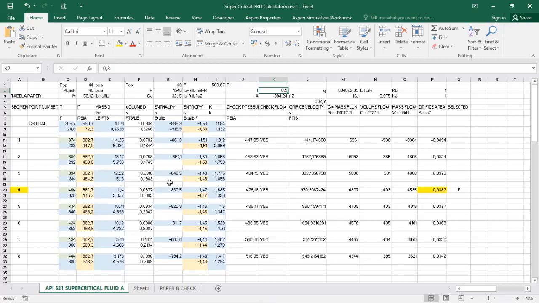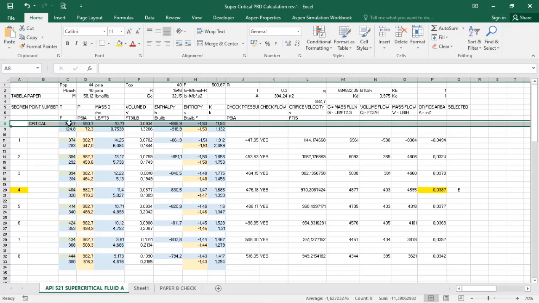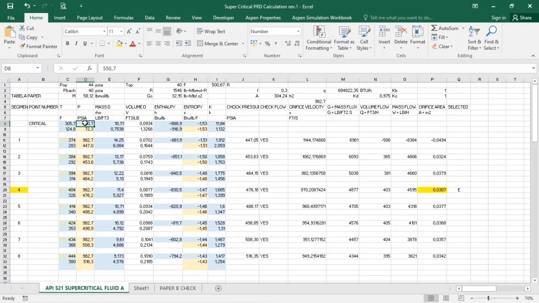So first thing first, once you have your fluid, you need to find the information related to the critical point, so the critical temperature and critical pressure. With these points, you are able to verify the mass density at the critical conditions and do the calculation of the specific volume at critical conditions.